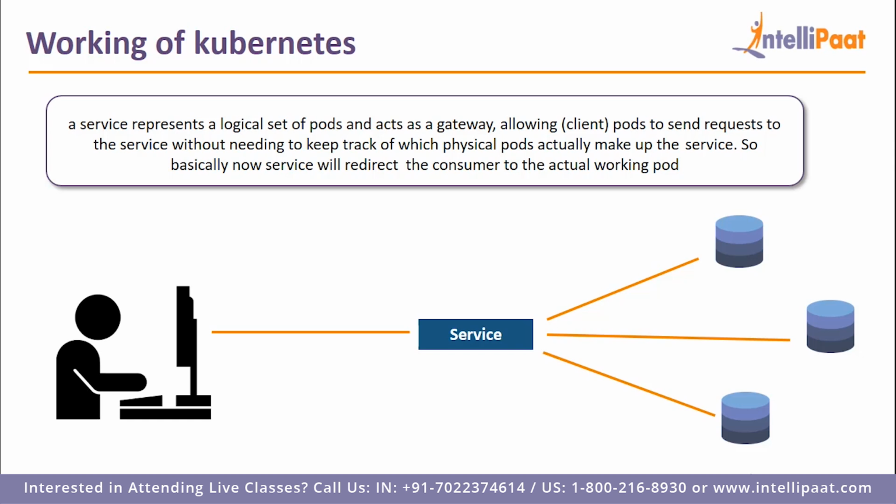The client hits the service IP or service name, and the service will map you to the required pod, or the pod which is not busy, or which is up and running and serviceable. So as a customer, you do not need to know the actual location or IP address of the pod. You just need to hit the service.